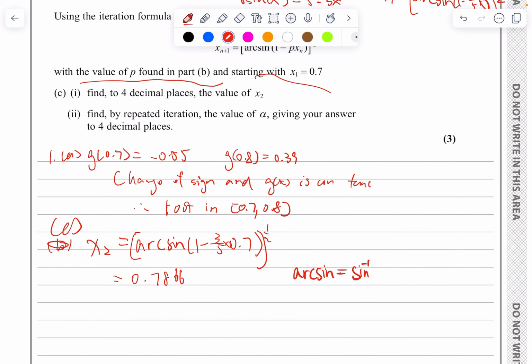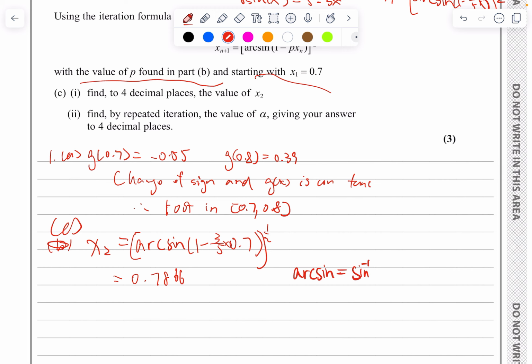It's the same thing, okay? 1 minus 0.6 times 0.7, and then to the 0.5 power. That is in degrees, so that should be radians, 0.7666.